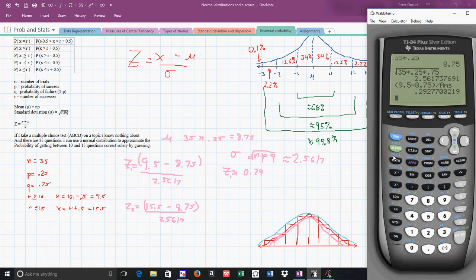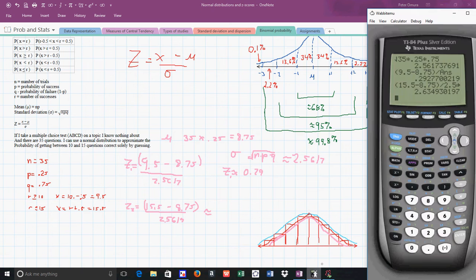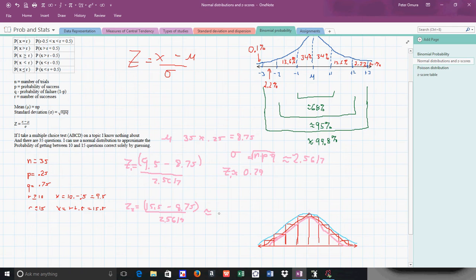And so when I do that on the graphing calculator, by the way, it's really, really important that you use parentheses, because if you don't, the standard deviation is going to divide the mean, not the difference. And let's see if I can use this value again. And this gives me, I wish I'd written that number down, 2.63 about. So let's say 2.63. All right.